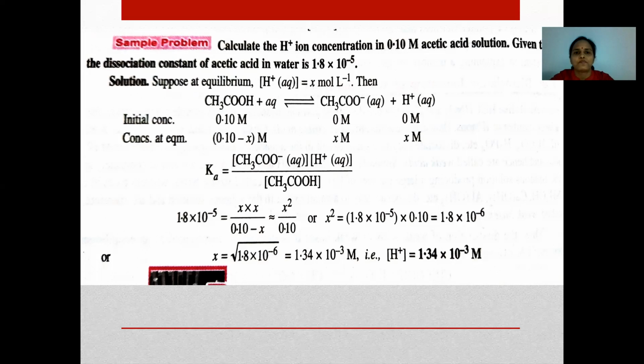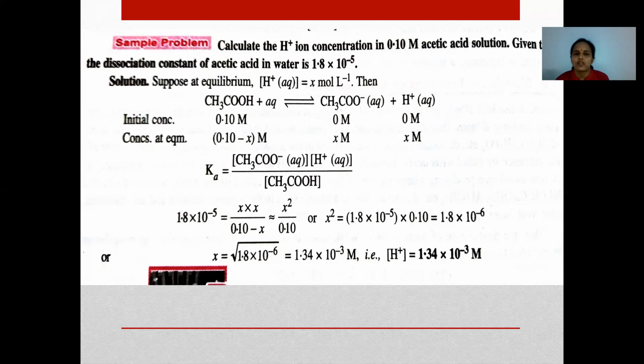Now the initial concentration of acetic acid is given here as 0.10 molar. Suppose X moles of it get dissociated, then the concentration at equilibrium of remaining acetic acid is 0.10 minus X molar, and CH3COO- and H+ formed are equal to X molar respectively.